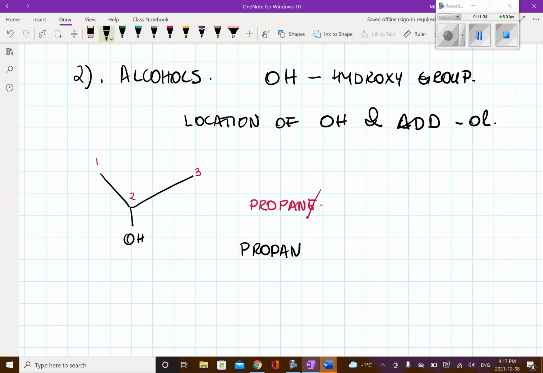We add the location of the hydroxyl group, -2, and we add OL. Propan-2-ol.